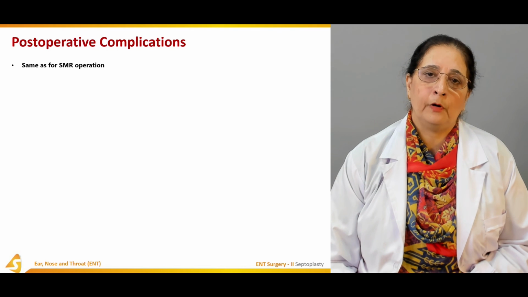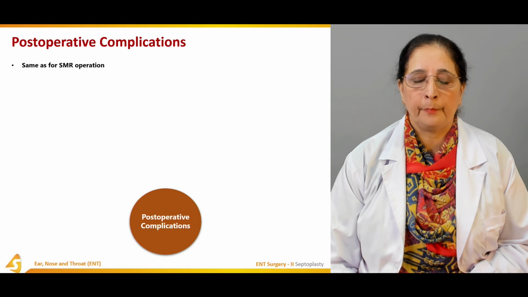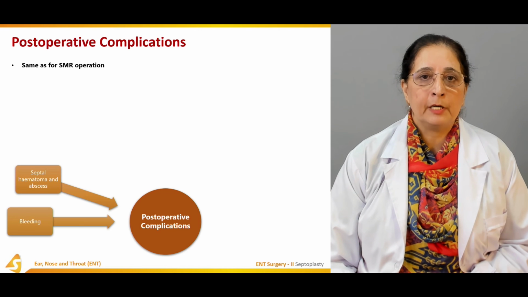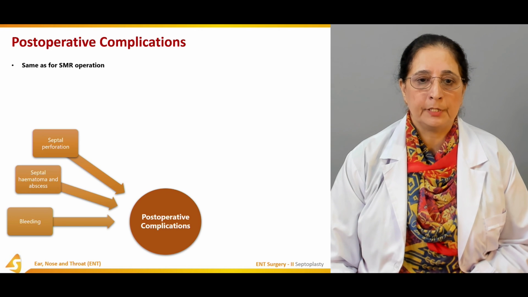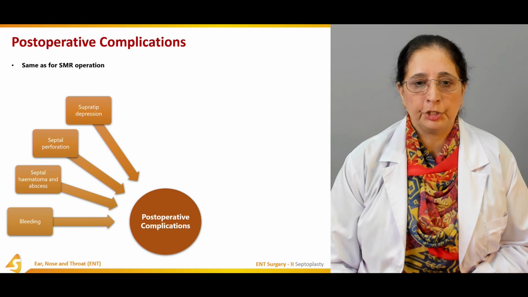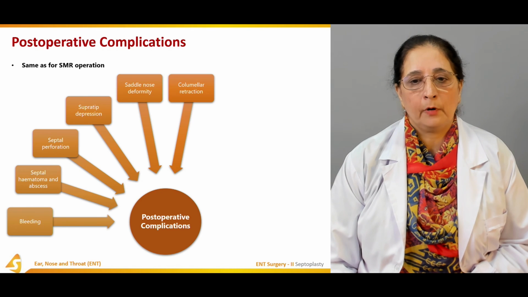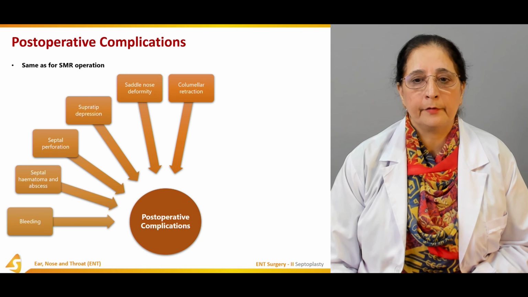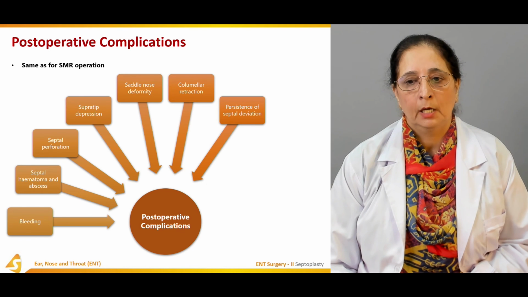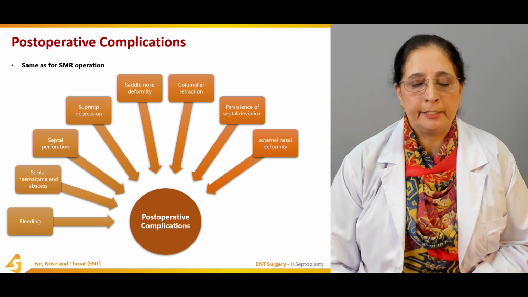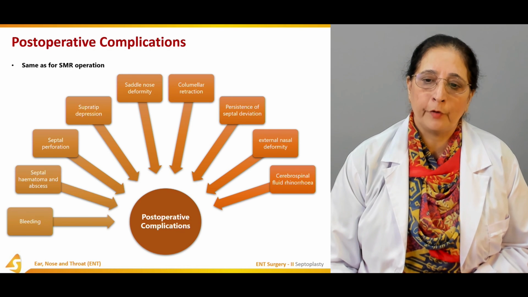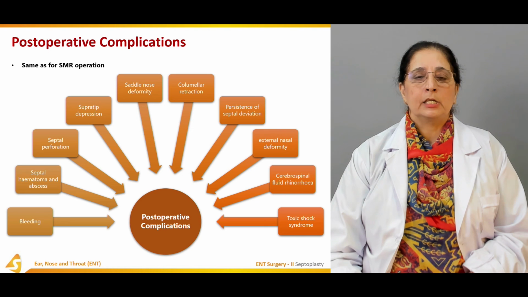Complications are the same as for the submucosal resection operation. Bleeding can occur, septal hematoma and abscess, septal perforation, supratip depression, saddle nose deformity, columellar retraction, persistence of septal deviation, external nasal deformity, cerebrospinal fluid rhinorrhea, and toxic shock syndrome.